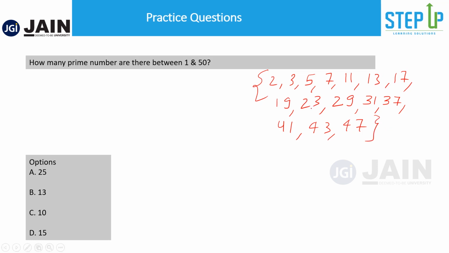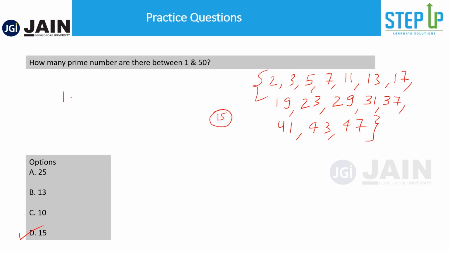So let's count. 1, 2, 3, 4, 5, 6, 7, 8, 9, 10, 11, 12, 13, 14, 15. That means how many prime numbers are there between 1 to 50? You got 15. So the answer is this. Now you had to orally count this, but actually you should already know this. So for example, if you're appearing for any aptitude exam, you should have familiarity with prime numbers.